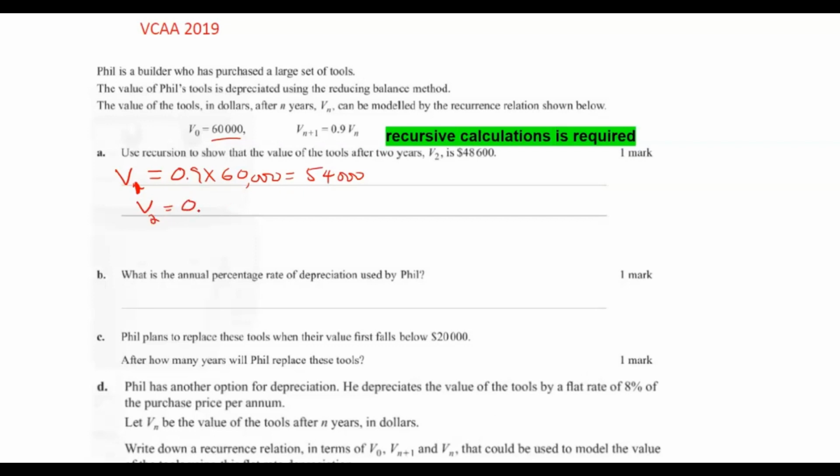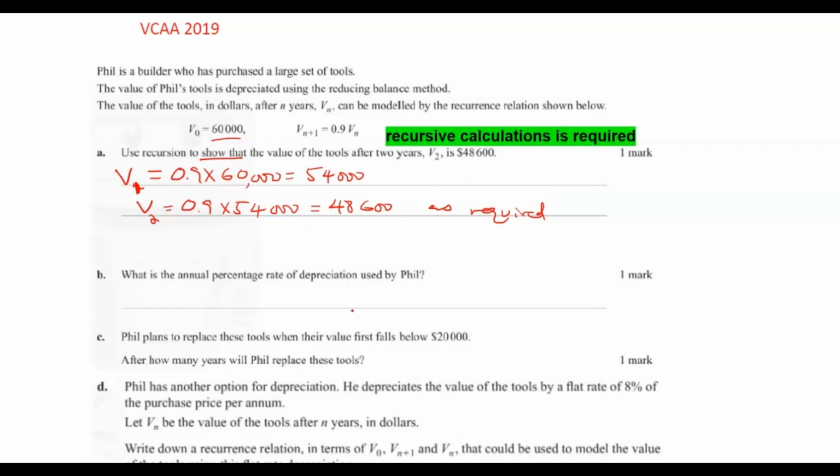So you need to do 0.9 times 54,000. They are expecting you to show the working out as required of you. So recursive calculation is required. Remember that.